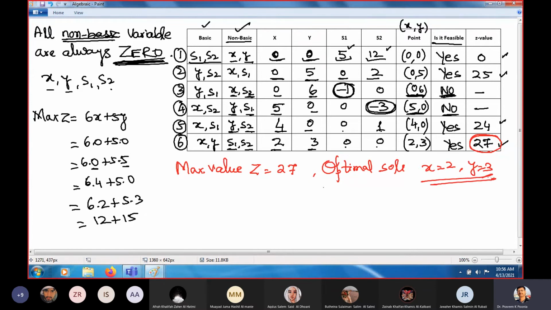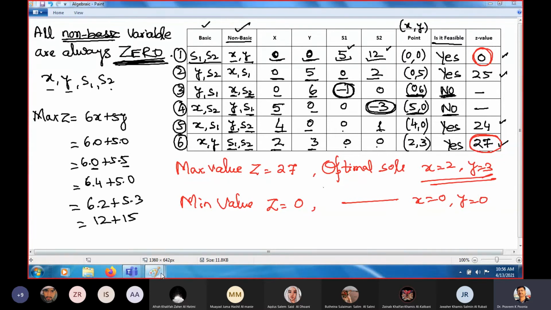This is the optimal point where you are getting the optimal solution. And what is the minimum value? Minimum value is 0. And what is the optimal point? X = 0, Y = 0. So that's all. This is the question that I needed to explain to you.